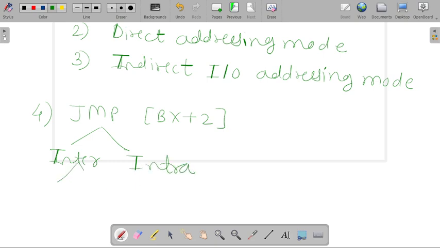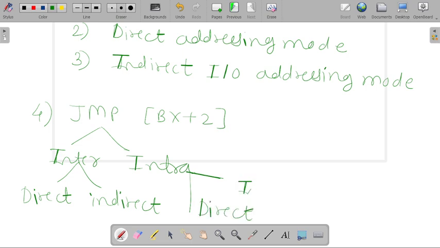In case of inter-segment, again there are two types, direct and indirect. And in case of intra-segment also there are two types, direct and indirect. And here we have used the concept of BX plus 2, and we are using the memory bracket here.